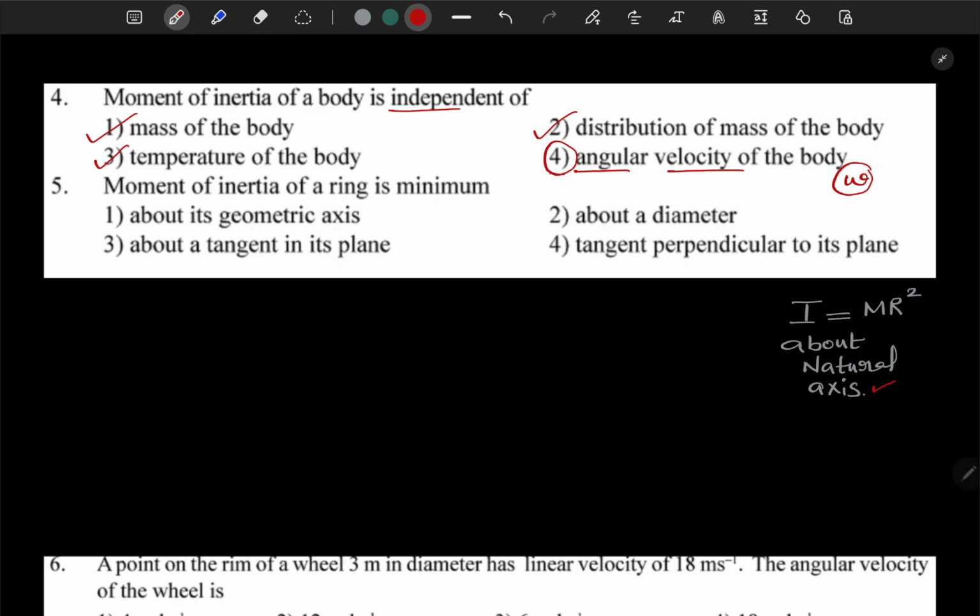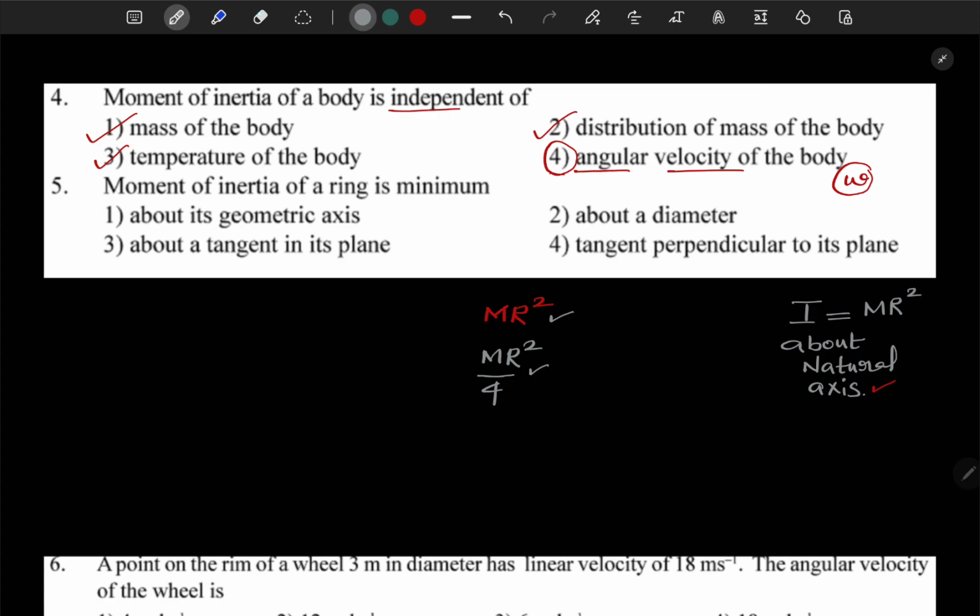Moment of inertia of a ring is minimum about which axis? So we can see the moment of inertia of a ring for different situations, different axes. For a ring, the moment of inertia about the natural axis is mr square, and for the diametrical axis it is mr square by 2, and for all the other axes it is more than this.